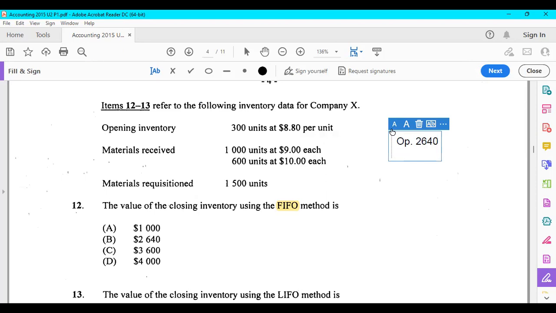You have materials received. First you have 1,000 units at $9 each, right? That would be 9,000. You have 600 units at $10 each. That would be 6,000. Please note the order in which you receive them.